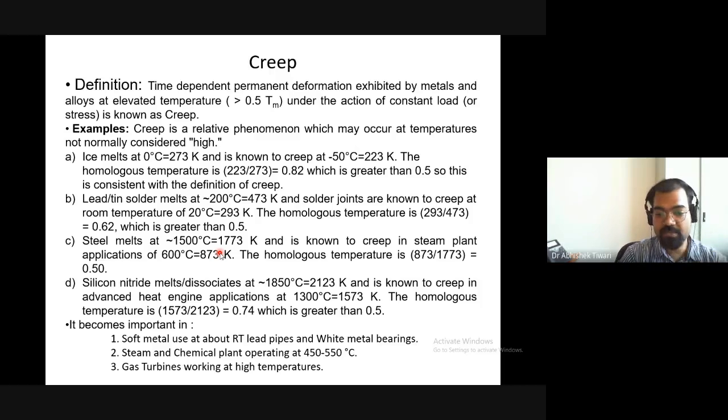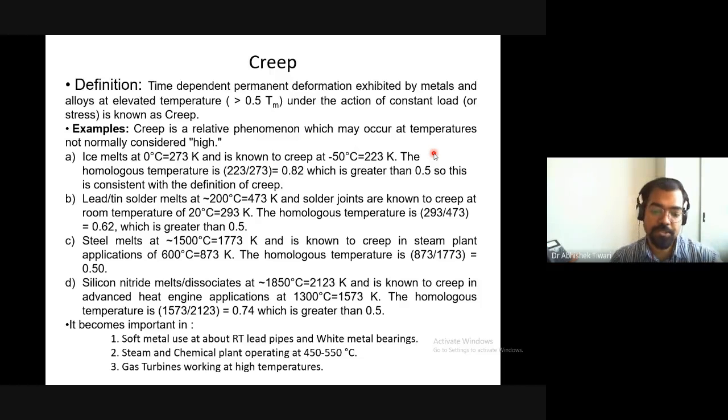So it's a relative thing, and a better way to describe it is by using homologous temperature. So you see again that in silicon nitride, the creep appears when the homologous temperature is 0.5 or more than that. Here also you see homologous temperature is 0.5, and in the case of ice, at a homologous temperature of 0.82, which is much higher than 0.5, the creep is significant.